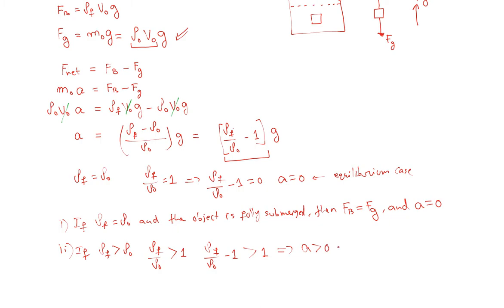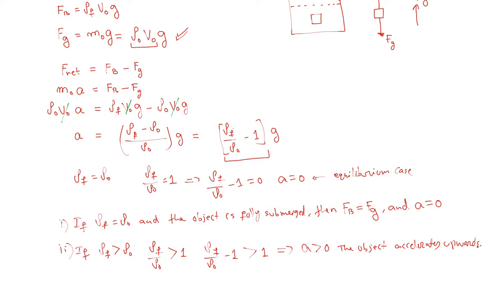Okay, so the object accelerates upward. So what this really means is that if you fully submerge an object inside a fluid such that the density of the fluid is larger than the density of the object, then that object will have a net force upward. The buoyant force will be larger than the gravitational force on that object, and it will accelerate upward, which we chose to be plus direction.